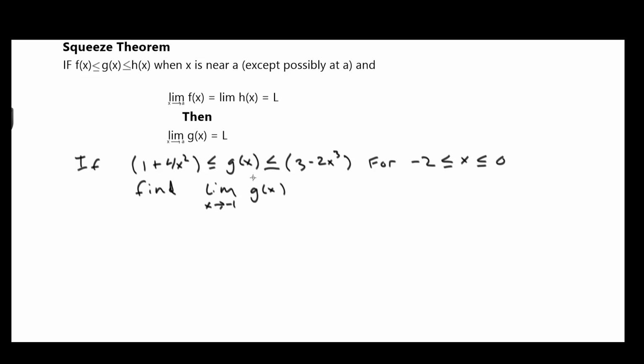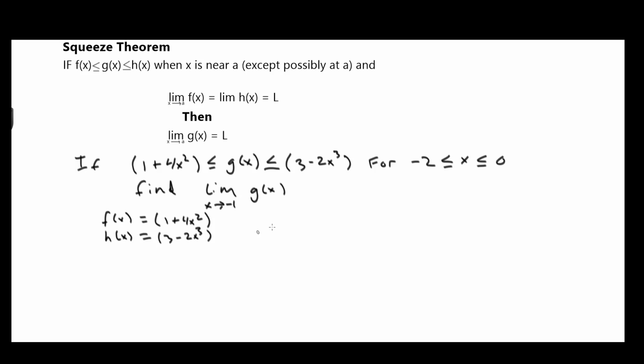Looking at this, we let f of x be equal to 1 plus 4x squared, and we let this other function be our h of x. We can take the limits of both of these functions with this a value of -1 and see if they're equal to each other.